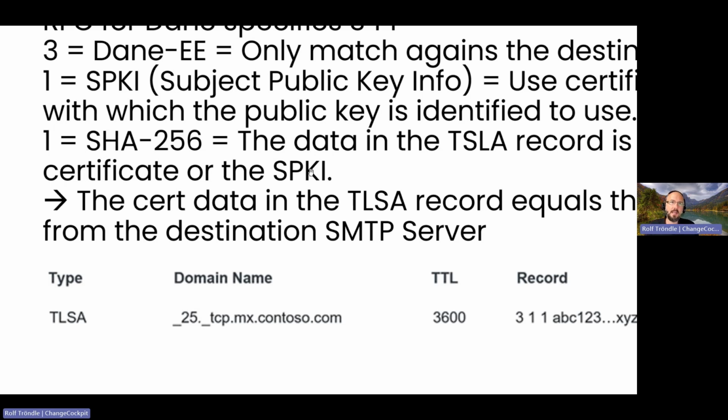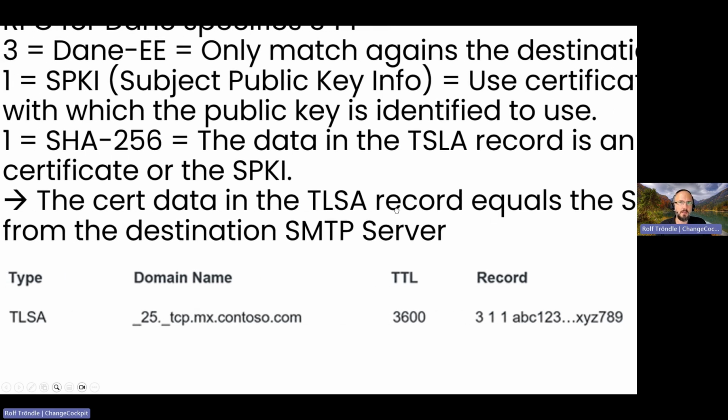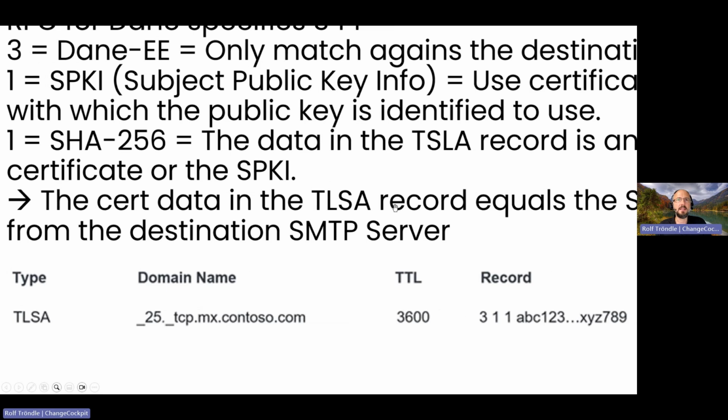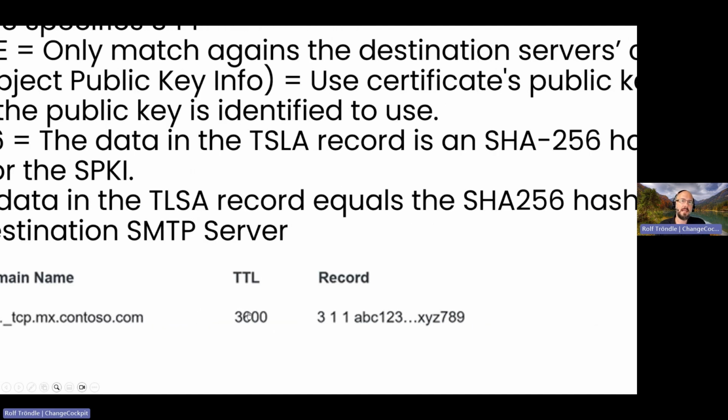If there is a valid TLSA record for DANE, which looks like this one here, then DANE will be enforced and will fail if something happens in between. So we see here the TLSA record for _25._tcp.mx.contoso.com as domain name, and then we have the resource record in here.